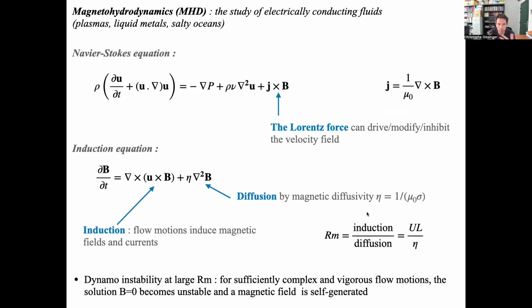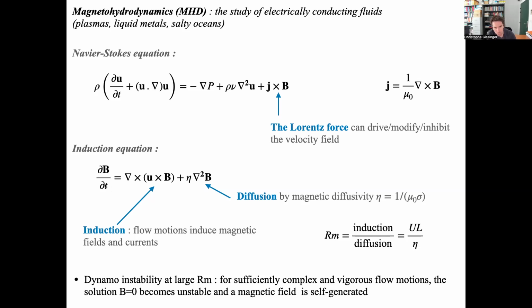Obviously, when you look at this equation, an important parameter in MHD is the ratio between these two terms, which is called the magnetic Reynolds number. It looks a little bit like a Reynolds number, except that instead of the viscosity, we are using the magnetic diffusivity.